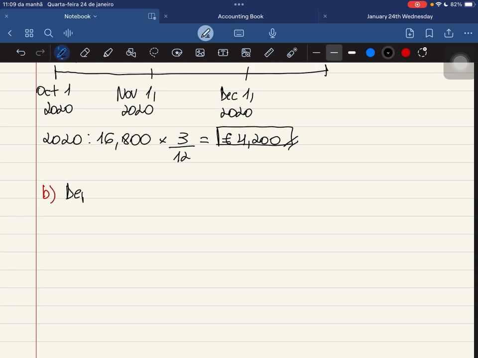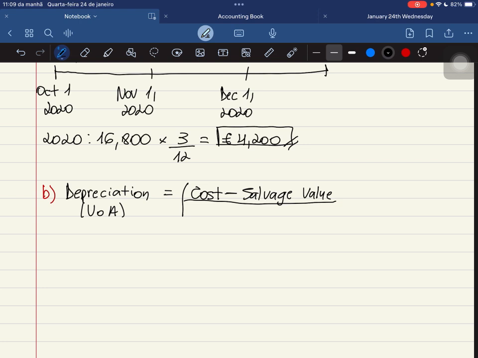The formula for the depreciation under the units of activity method is similar to the straight line, but in this case, we have to consider how many units we have used, right? So we're going to have the cost minus the salvage value, just like the previous one, but we're going to divide that not by the useful life, but by the total units usable.